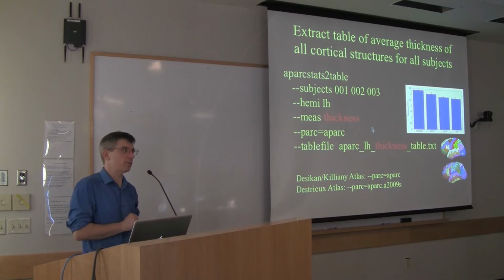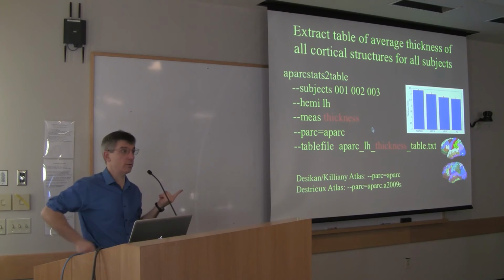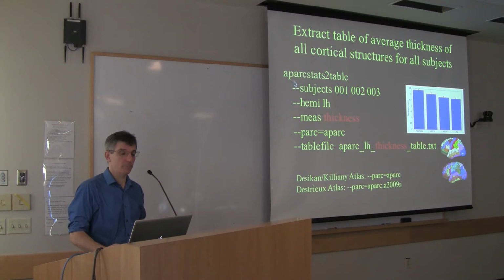But for the cortical structures, there are, remember, 3 things that you can look at. You can look at the average thickness over the cortical structure. You can look at the total surface area of the structure, or you can look at the total gray matter volume of the structure. And so to do this, we have a different program called aparcstats2table.